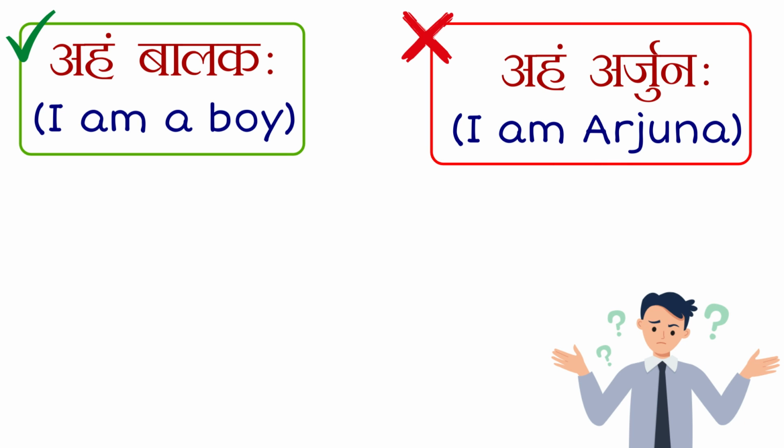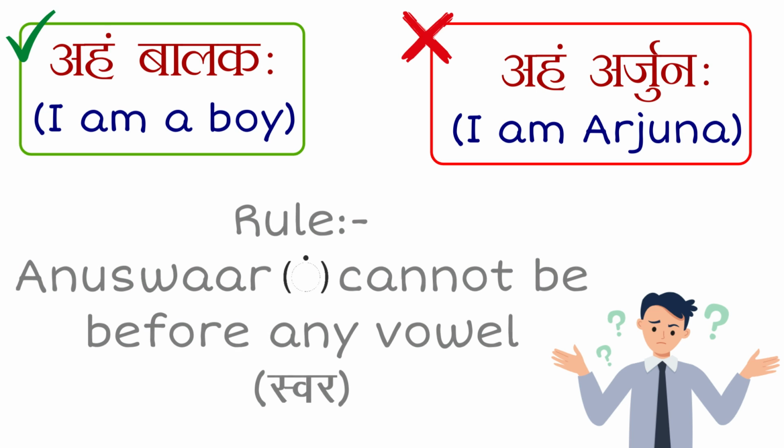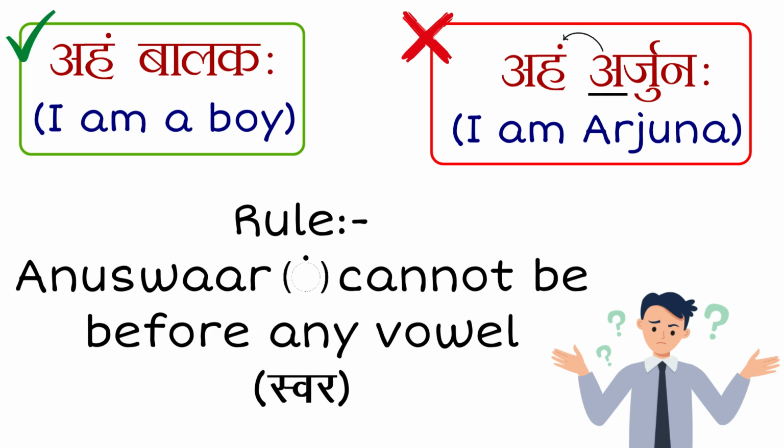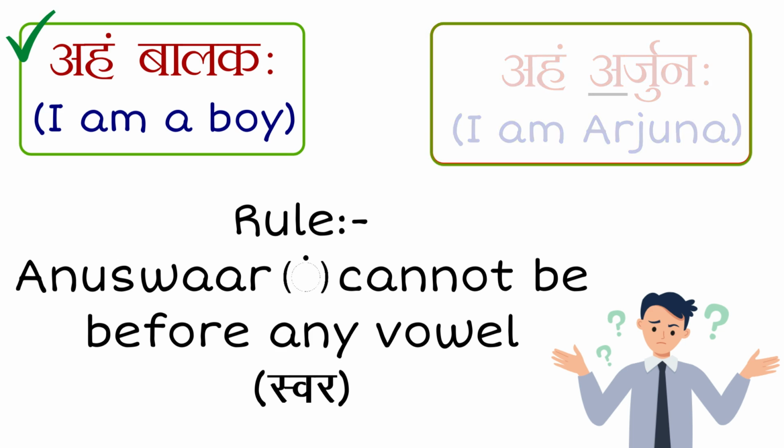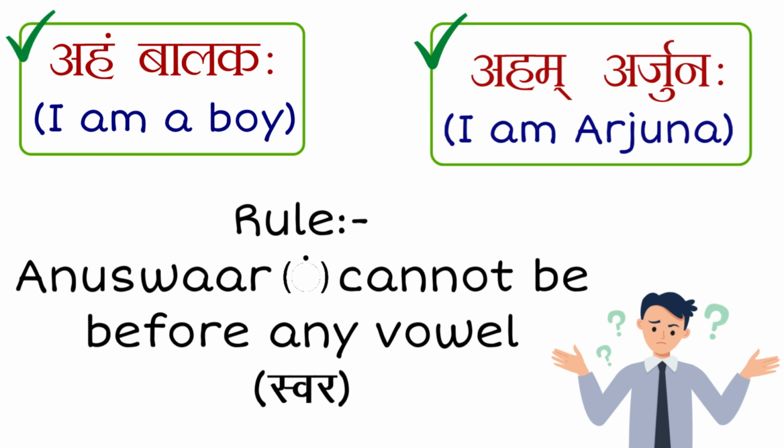Strange, isn't it? As the Anuswar cannot be at the end of a sentence, it can also not be before a vowel, that is swara. Because in this sentence there is a vowel, that is swar a, we have to write halant ma instead of Anuswar. So the correct sentence will be aham arjunaha.